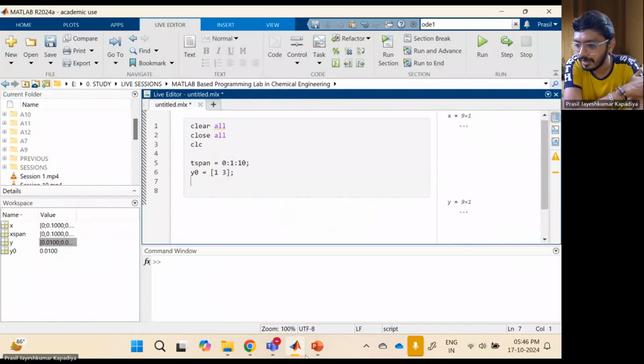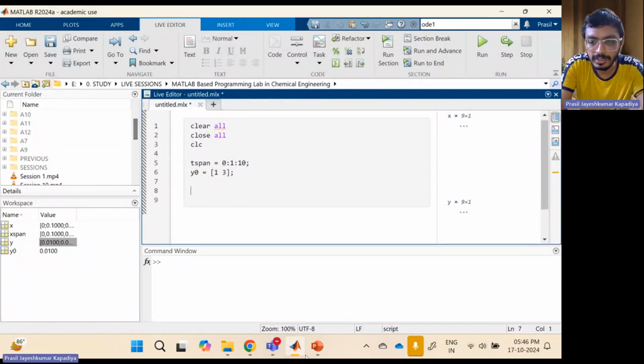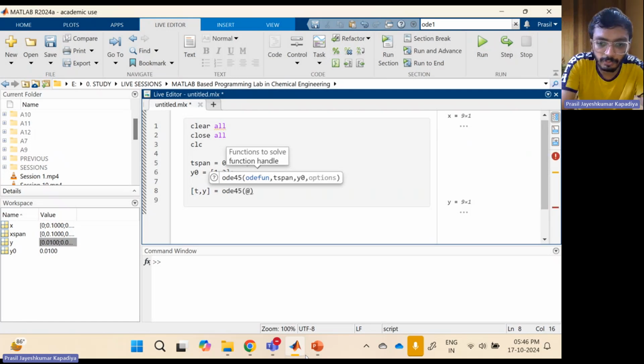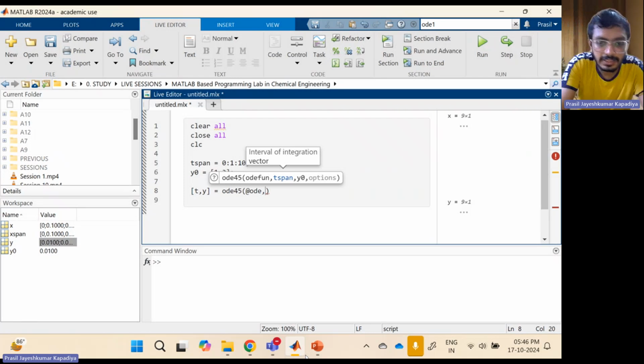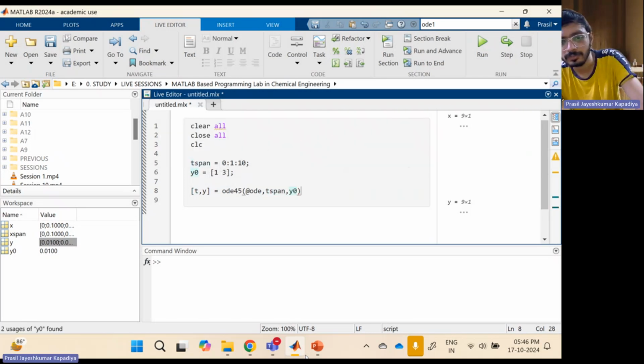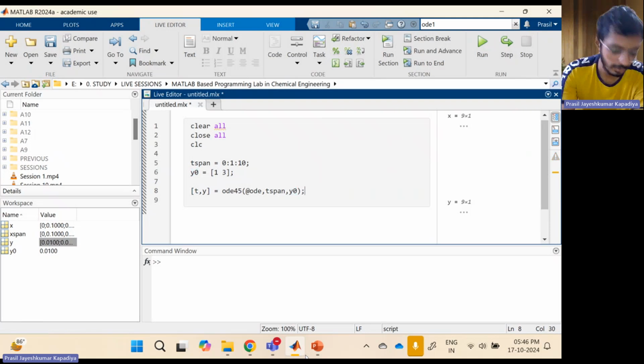Okay. So if I want to solve the ODE, I can write [t, y] is equal to ode45, let's say the name of the function is ode only, that we will be writing. Then tspan, comma, y0. So this will be our solution.